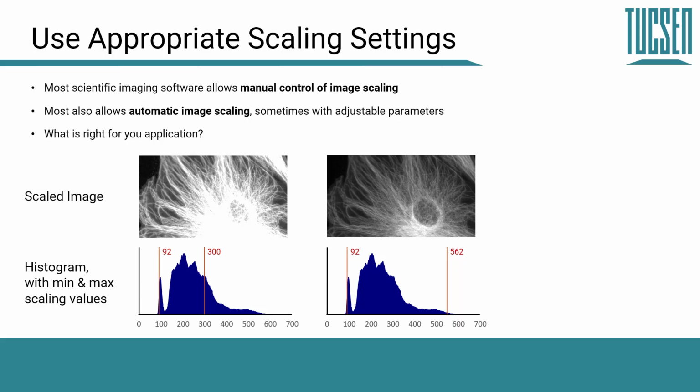You can really expect very large fluctuations in the upper bound, and some fluctuations too in the lower bound of the image. And if our automatic image scaling is just fully adapting to every single pixel, including these outlier high and low pixels, our image scaling is going to change an awful lot from image to image.